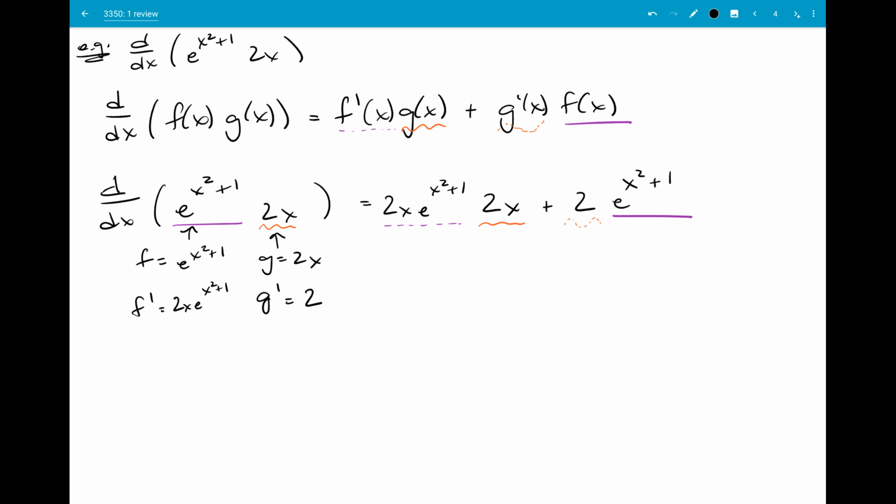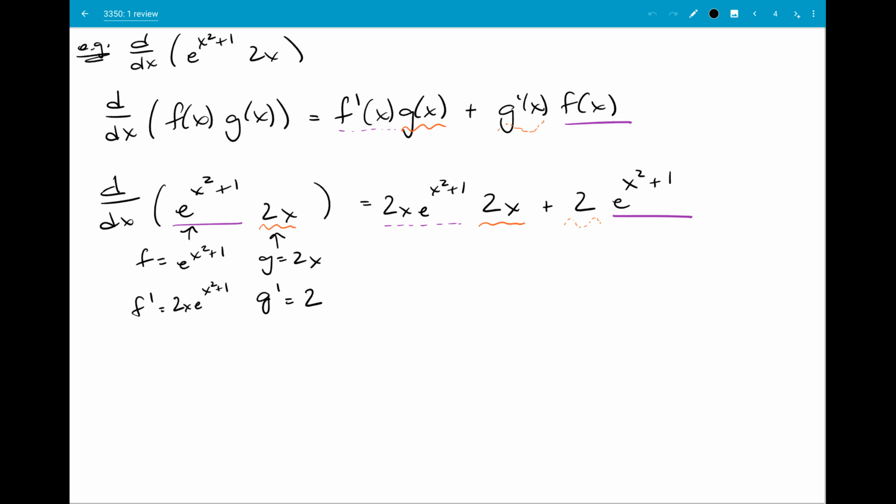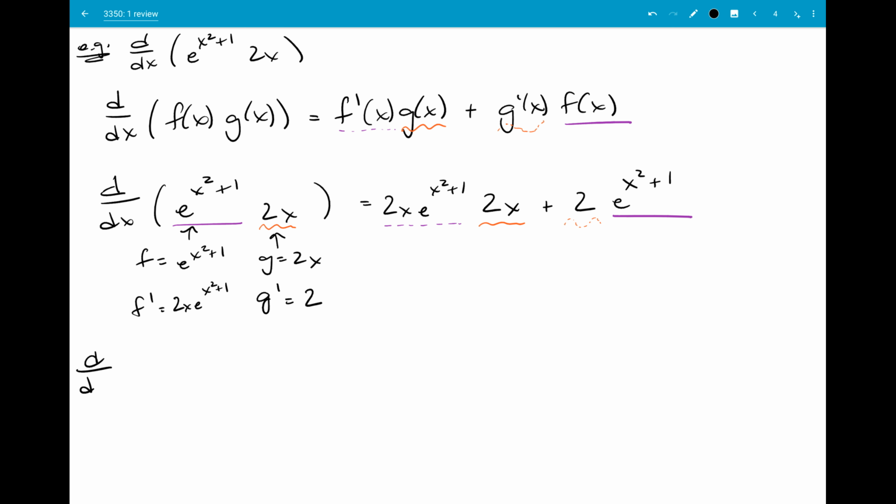And then similarly, I can't actually remember what I said we would do here, d/dx of ux. We've been doing d/dx of ux a lot recently for our substitution problems. So d/dx of ux, here we're going to be saying that f is u and g is x. So g prime is 1, and f prime, since u is a function of x, is du/dx.